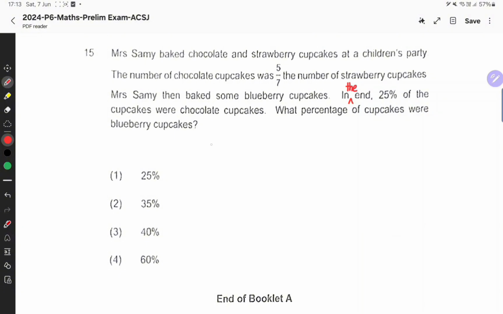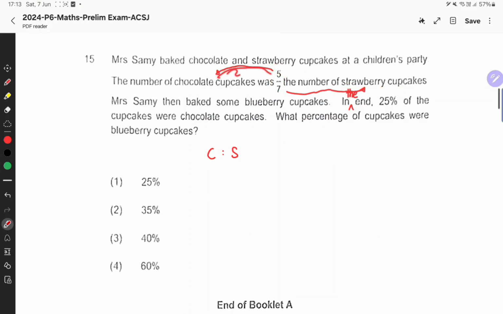Okay, so we have chocolate is to strawberry. Chocolate cupcake, we know that there is 5 units and 7 units belongs to strawberry. Every time you see a subject, fraction, subject, always remember to draw your arrow. So chocolate we have 5 units, strawberry we have 7 units.